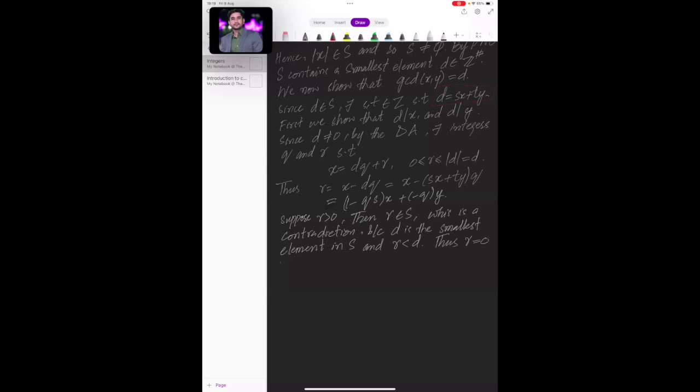This implies that X is DQ, and so D divides X. Similarly, D divides Y. Hence D satisfies condition one of the definition of GCD.